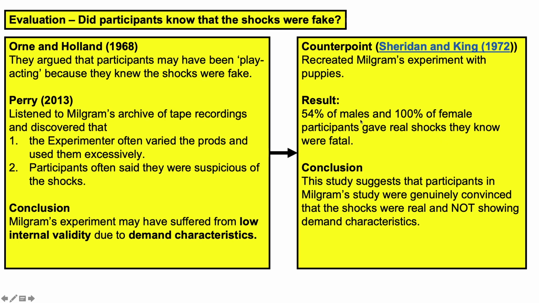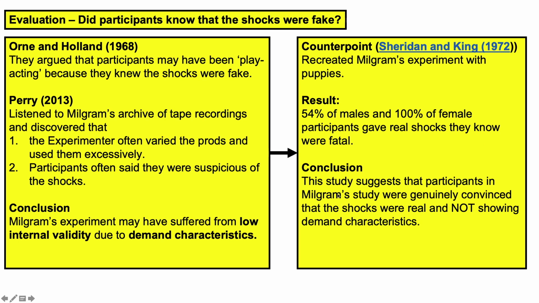The participants knew it's fatal. Now, just as a disclaimer, the puppies actually didn't die. They weren't electrocuted to death. That wasn't clear in the book, but I just read it up, and the puppies were not hurt in this experiment. But it turns out that 45% of males and 100% of female participants actually gave those shocks to the maximum.